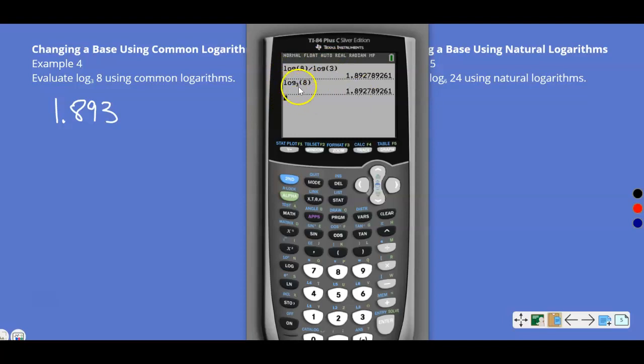If you have a newer TI-84 calculator, a TI-84 Plus that's been updated, you can enter the base in just like it is. But on your EOC, it does ask you to use the change of base formula, so please be aware. It gives you the same answer, but it just depends on how they ask you to do it.